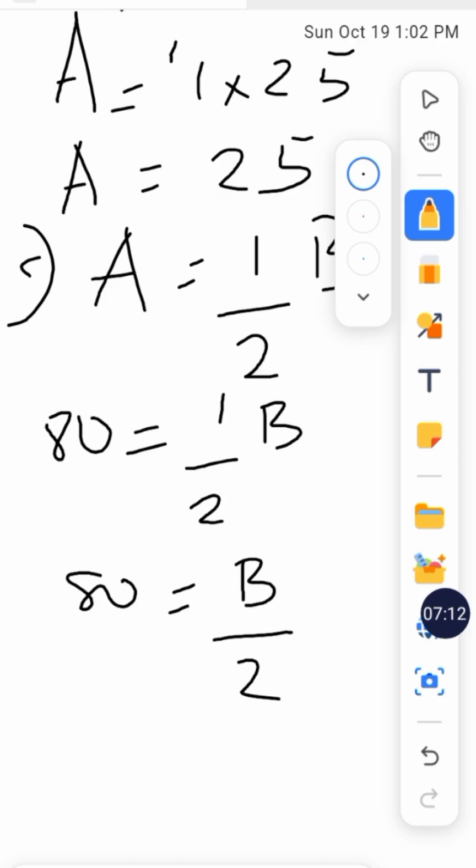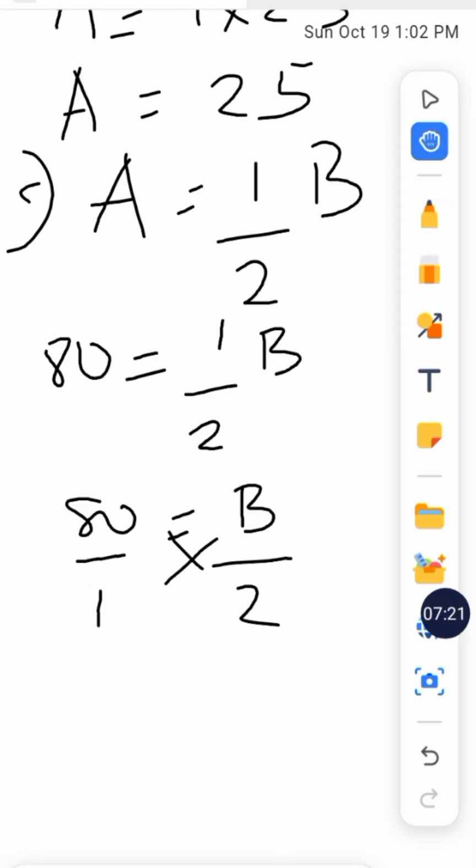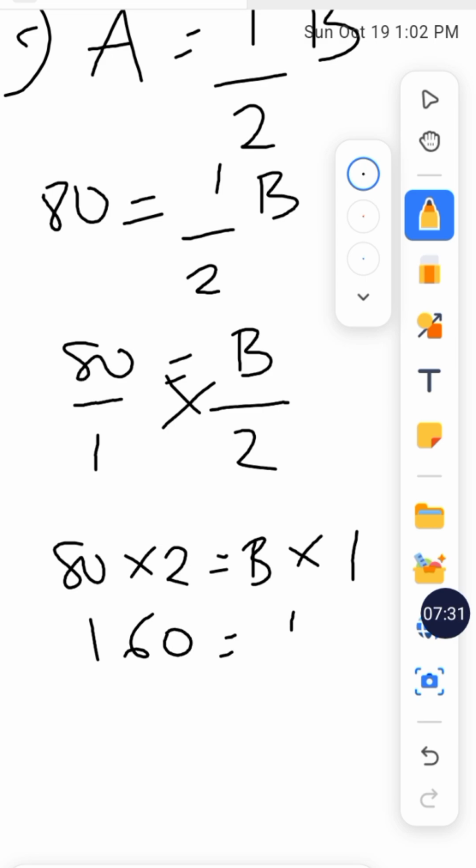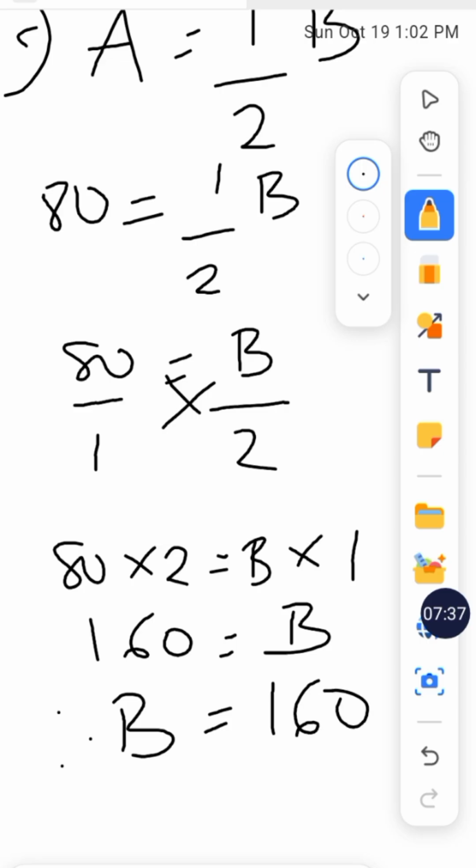And when you have this type of equation in mathematics, it's a division problem. You can get rid of it by cross multiplying. This is like 80 over 1. So we have 80 times 2 equals B times 1. 80 times 2 is 160. B times 1 is B. So therefore, the value of B is equal to 160 if A is 80.